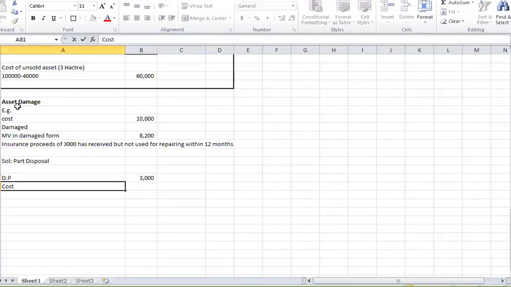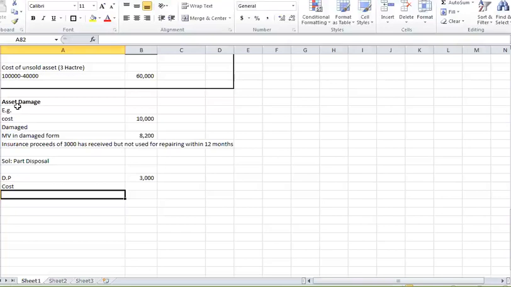We have just learned the formula to find the cost in case of part disposal. So what is that formula?